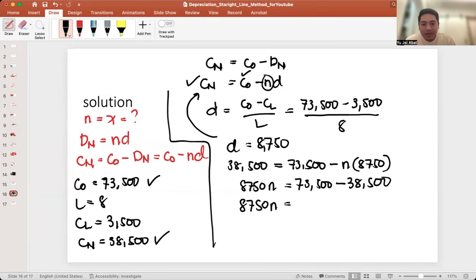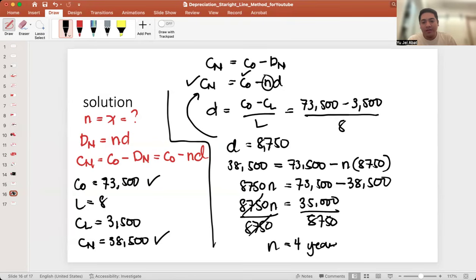So that is 35,000. Divide both sides by 8,750, of course. So the value of N, dividing this by 8,750, we got 4. So the answer is 4 years. The N or the X is 4 years.